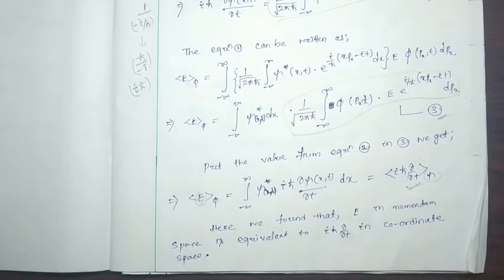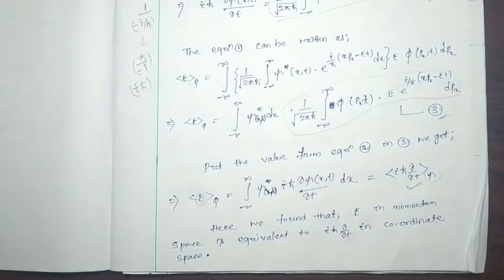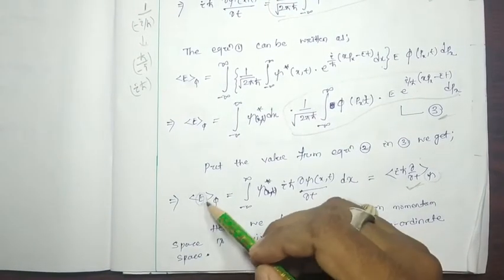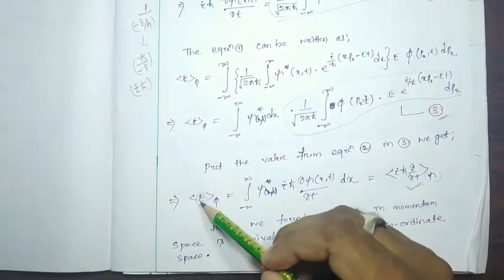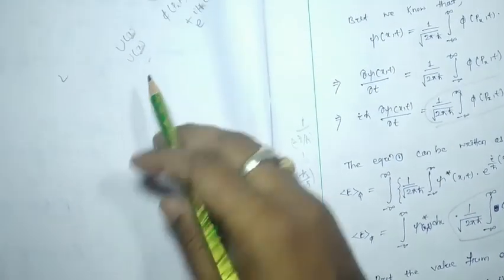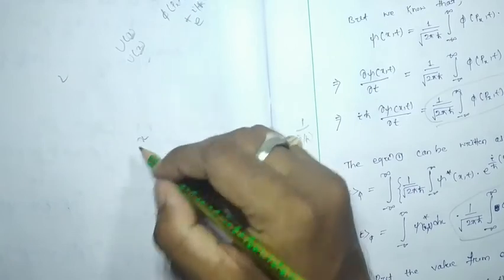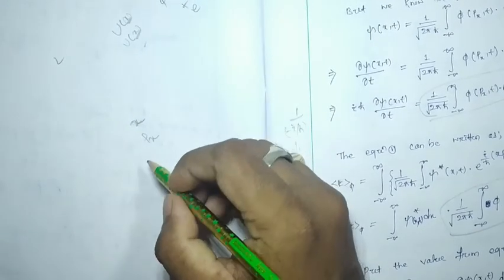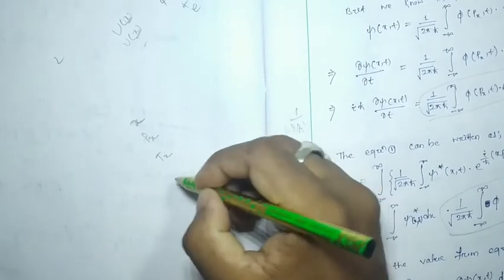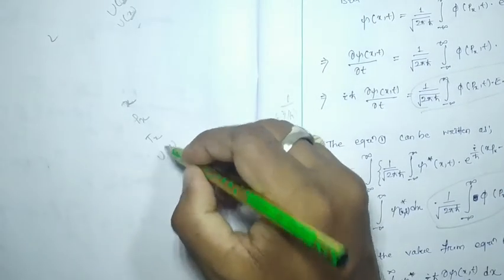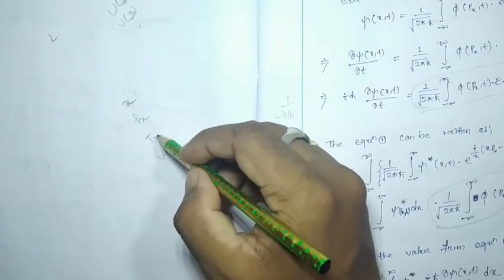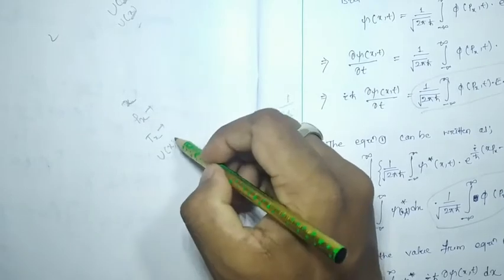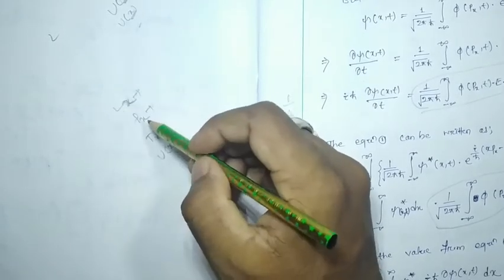So here one thing we have to point out is that E acts like a type of symbol. Whenever we try to find the expectation value of position, momentum, kinetic energy, or potential energy, all of them are functions of either x or px.